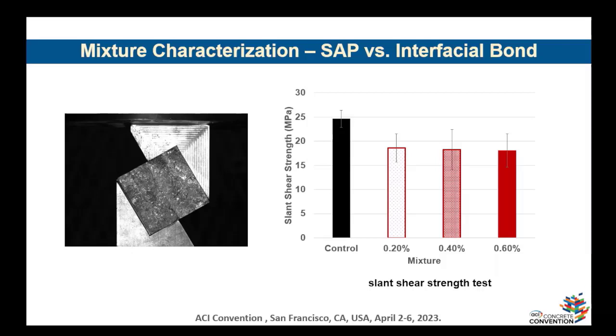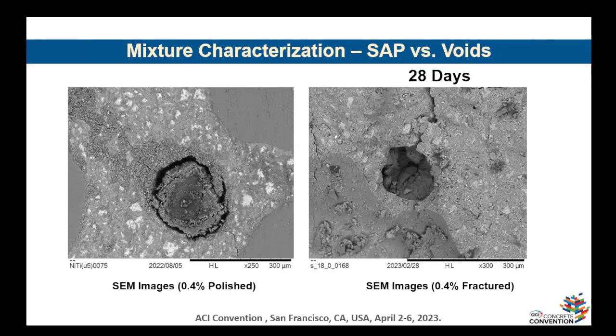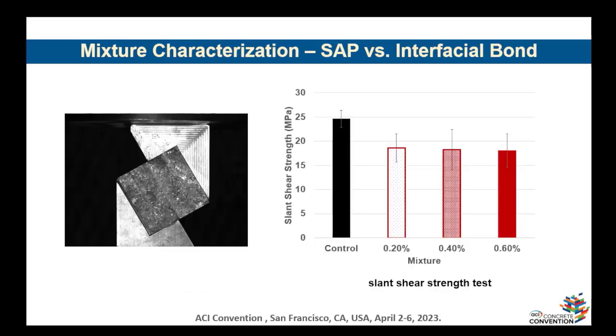As you will see, we have lower interlayer bonds in our samples, which is technically because of the voids that SAP produces upon the release of water, at later ages. My previous results on SAP show that over time these voids will be filled, and it's not that effective. But anyway, what you see here is at 28 days. So we have a reduction in interlayer bonds, and that is also something we need to look at.